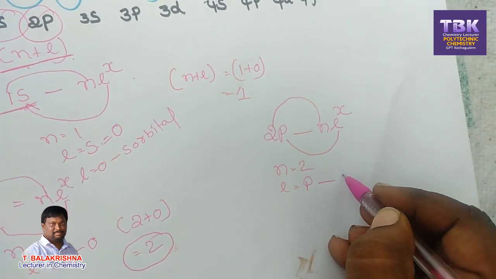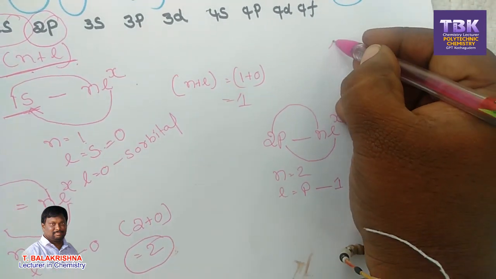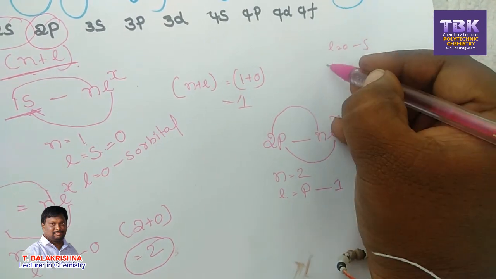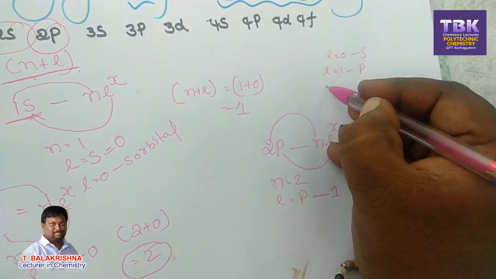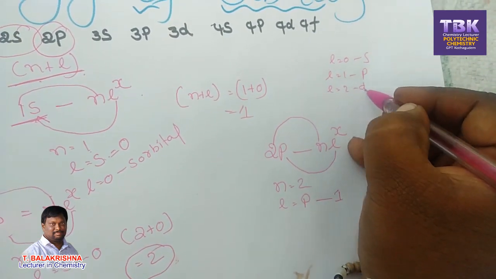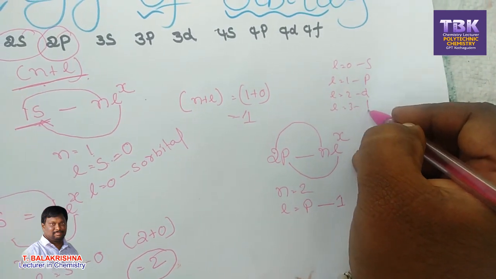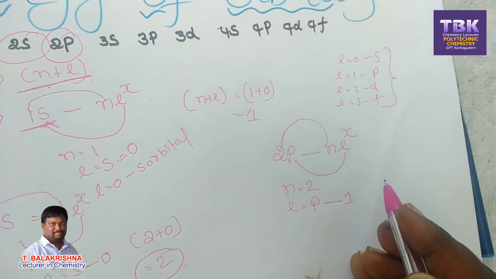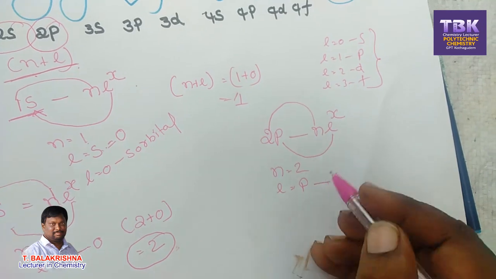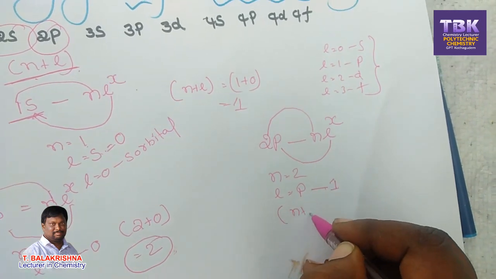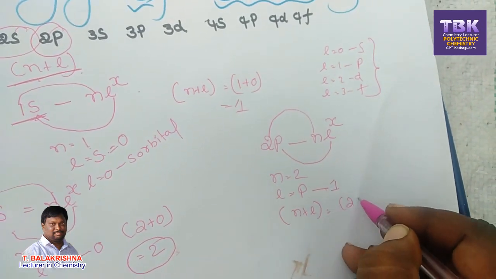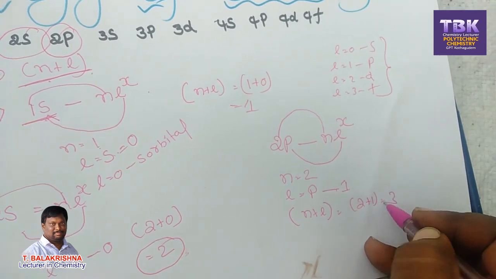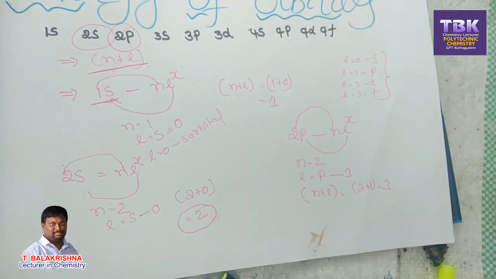L is equal to 1 for a p orbital. You know L is equal to 0 for an s orbital, L is equal to 1 for a p orbital, L is equal to 2 for a d orbital, and L is equal to 3 for an f orbital. These values come from the azimuthal quantum number. So p means L is equal to 1. What is the n plus L value? n plus L is 2 plus 1, that is 3.